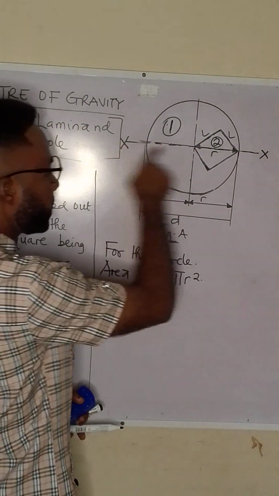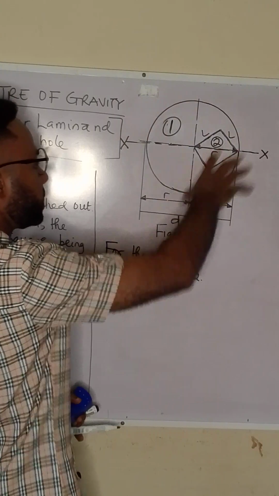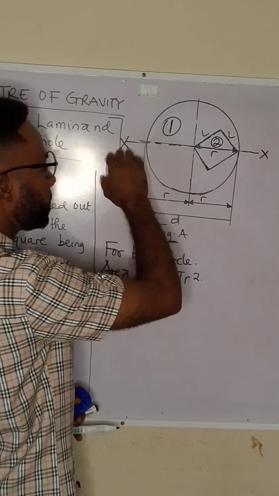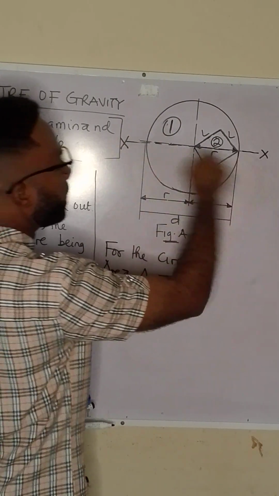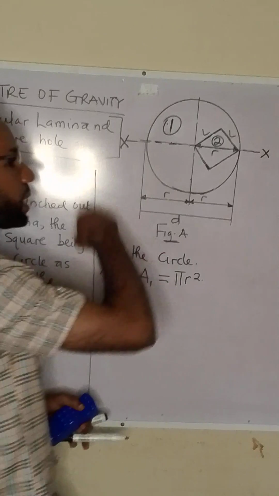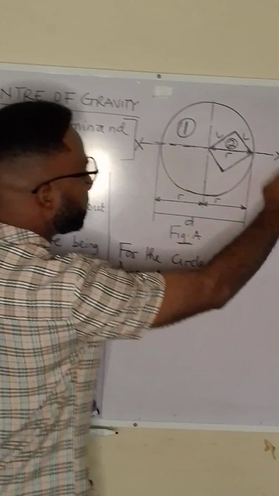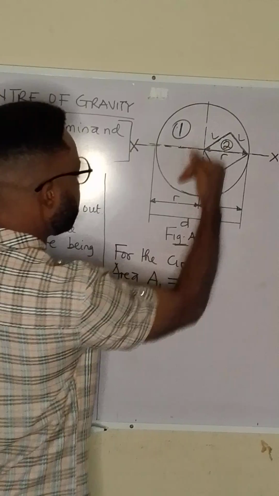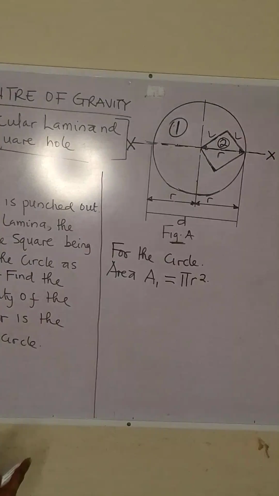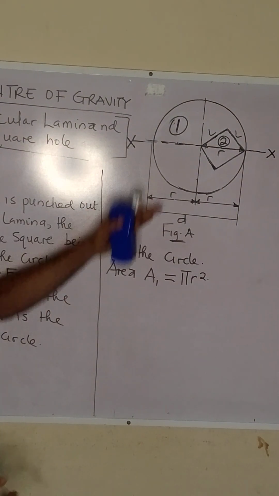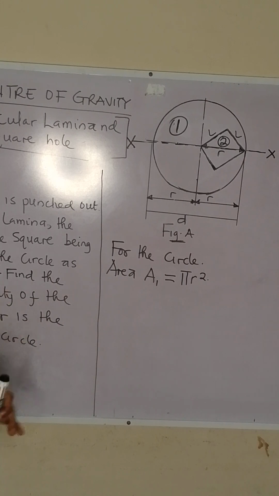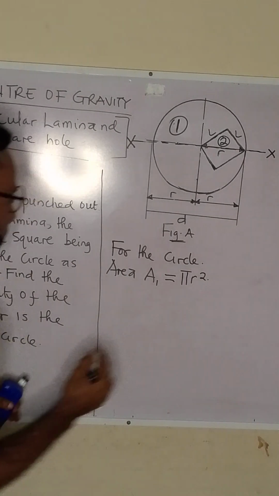So that is why we are saying that this combination is symmetrical about the x axis, because if you cut it in the x direction, you are going to have the same thing. So since it is symmetrical about x, we are going to be calculating just for x and not y. We are not going to consider y.